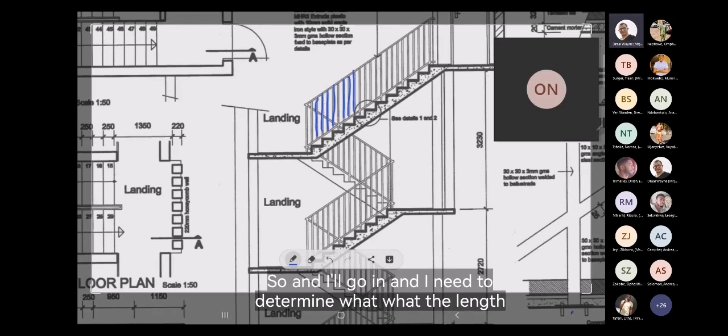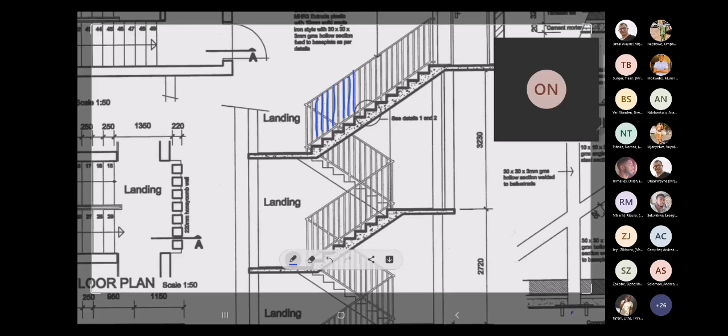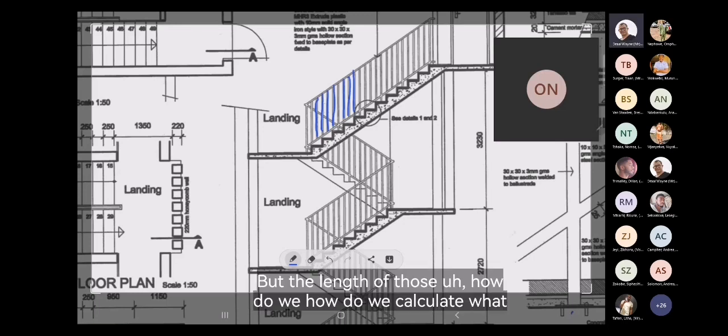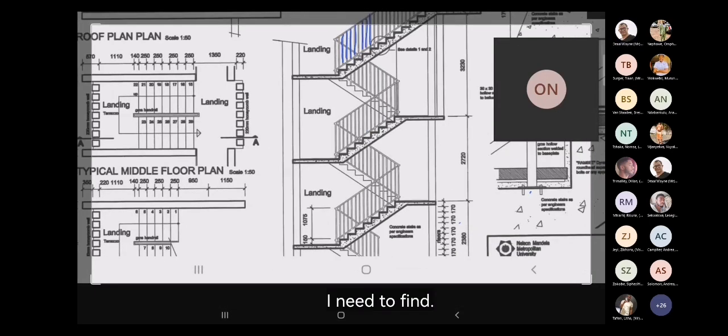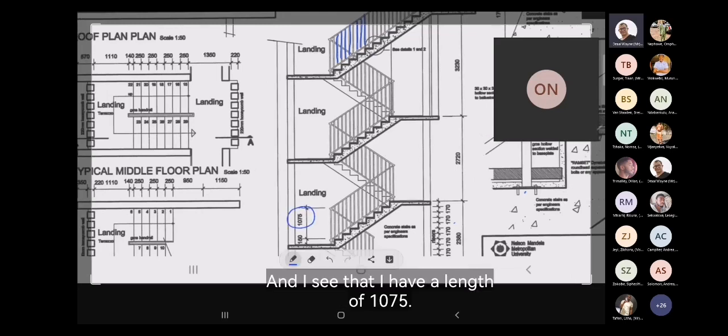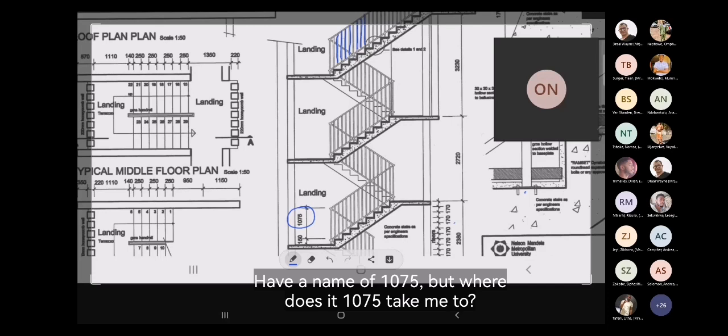So I'll go in and I need to determine what the length of those are. How do we calculate what those lengths are? I need to find, and I see that I have a length of 1075. Right? I have a length of 1075, but where does that 1075 take me to?